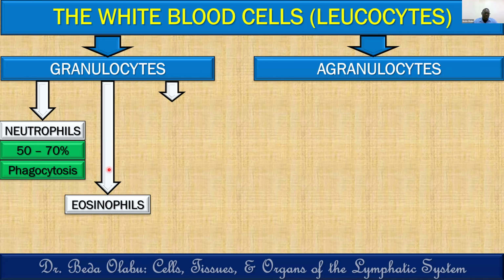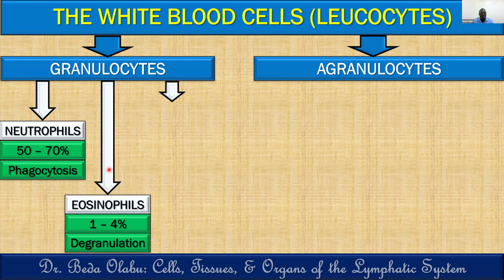The second category of the granulocytes are the ones we call the eosinophils. Eosinophils are not that many, about 1 to 4% of all white blood cells. The mechanism of action of eosinophils is to release their granules. I told you that granulocytes have their granules.